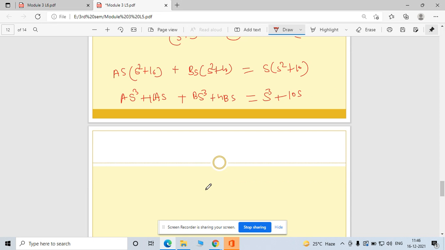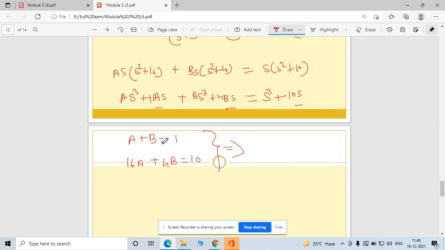Now compare the equations. This is nothing but a plus b is equal to 1, and the second one is 16 a plus 4 b is equal to 10.